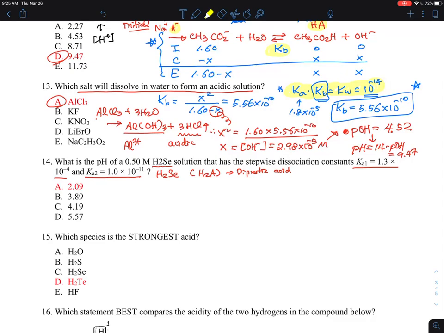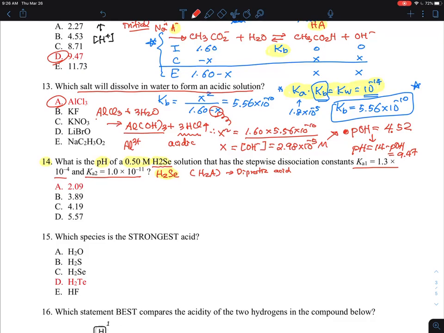And then they're asking what is the pH of this concentration of this compound, which is the original compound, and then they'll give you the acid dissociation constants. This problem is actually very similar to the discussion problem that I just posted with the telluric acid. So if you have that, have a follow up, that will be the one.